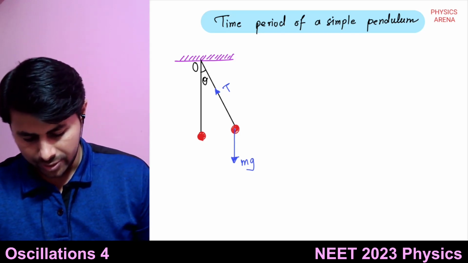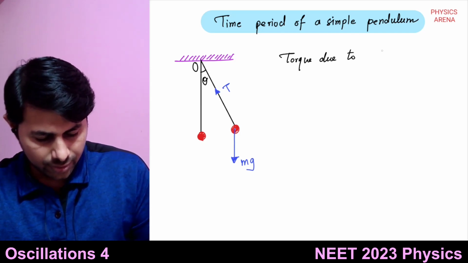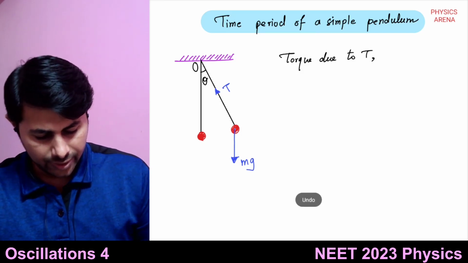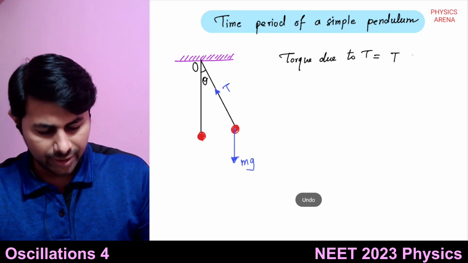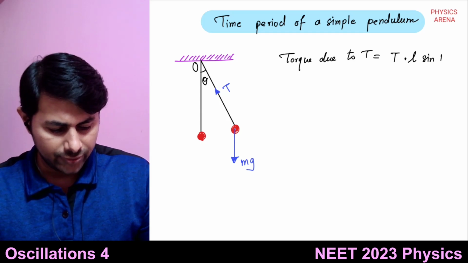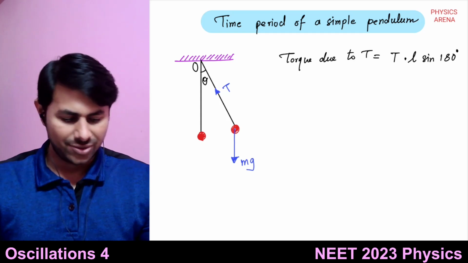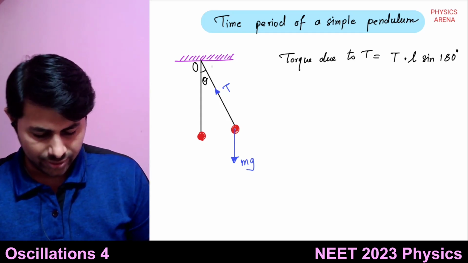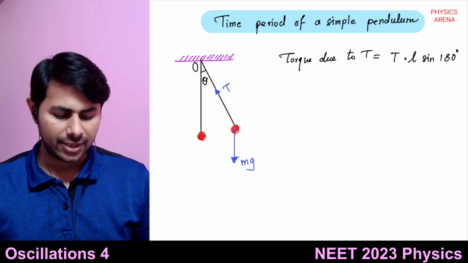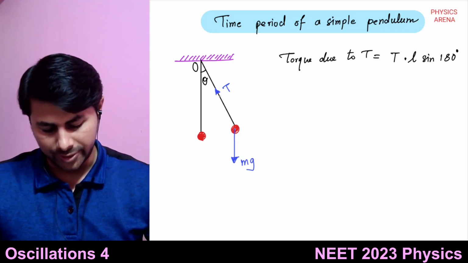So what will be torque due to T? It is T multiplied by L multiplied by sine of the angle between the two. The angle between the two is 180 degrees. This is R and this is force. Angle is 180 degrees and sine of 180 is 0. That's why there is no torque due to this force.